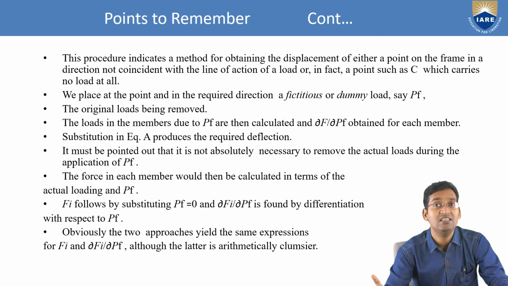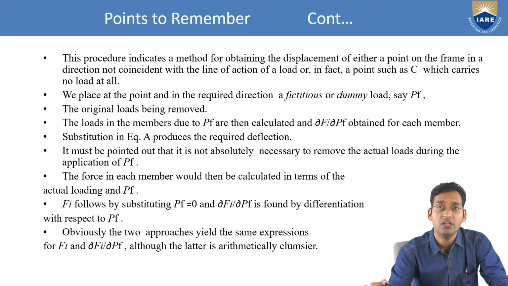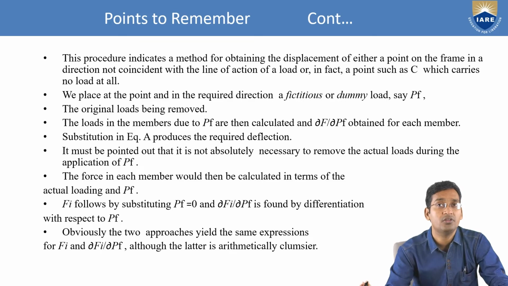The force in each member would then be calculated in terms of the actual loading and PF. Now once we have the actual loading and PF, PF is what we consider as the fictitious load, so then we will consider PF as 0.